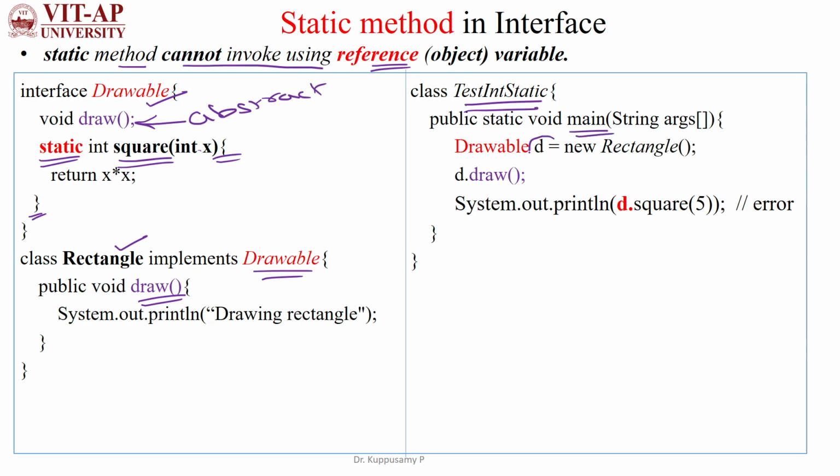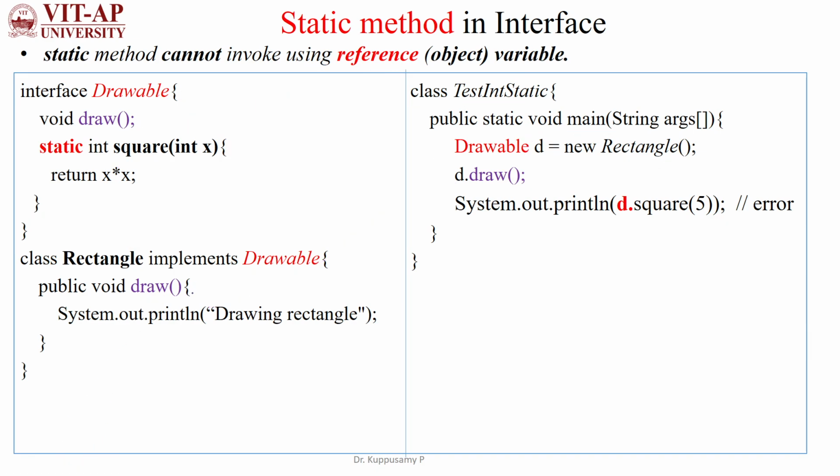Then here I am creating the object by using the class rectangle which is referring the drawable interface. Then I called the draw method which is calling the method which is available inside the class. Once it is calling this, then this will override the method which is defined inside the drawable interface.